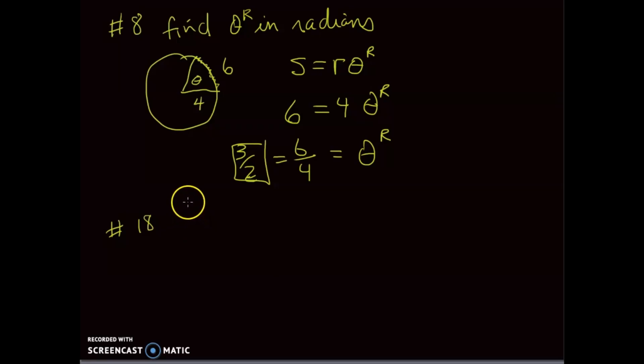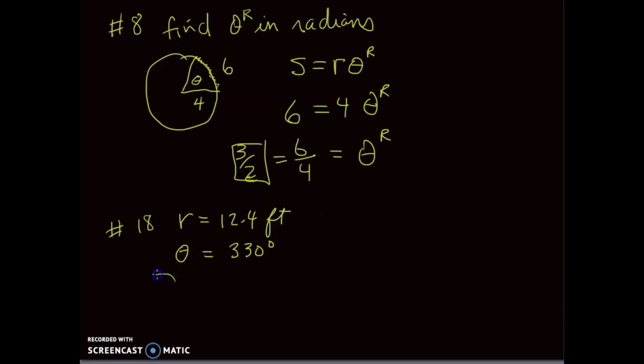R is 12.4 feet. Theta is 330 degrees. And what are we supposed to find again? The length to 3 significant digits for each arc.